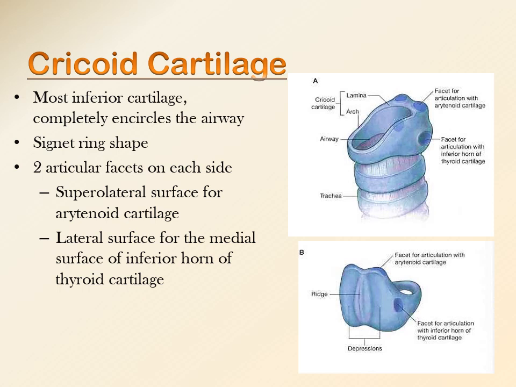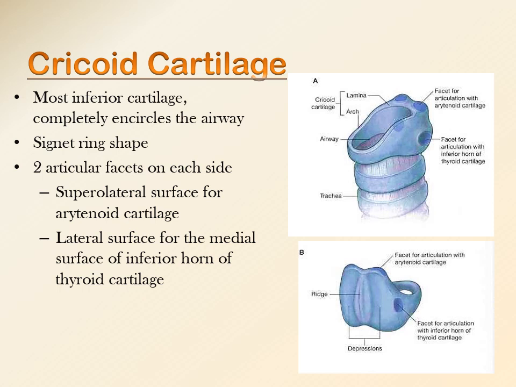Has anterior narrow circle and posterior thick large circle. يتصل من الأعلى بالثايرويد cartilage ومن الأسفل بالتراكية. Level of cricoid cartilage يكون at the level of C6.